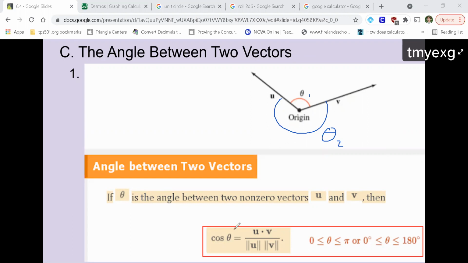This formula always gives you the minor angle, the one between 0 and 180 degrees, which in most contexts is what you want, but not all. Of course, if you know one of them, you can find the other. The two have to add up to 360. And in almost all contexts, and I think all contexts for your homework, you want the minor angle anyway.